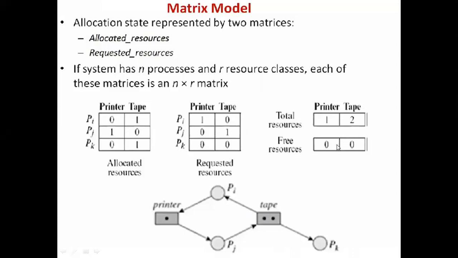Hence, no free resources are available in the system. Okay. So you can explain this matrix model by taking this particular example and by using the allocated resource matrix and the requested resource matrix, you can represent the number of allocated resources to any process as well as the processes which are requesting for the resources.